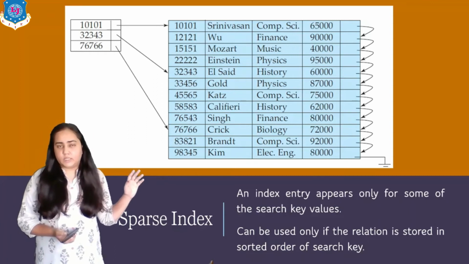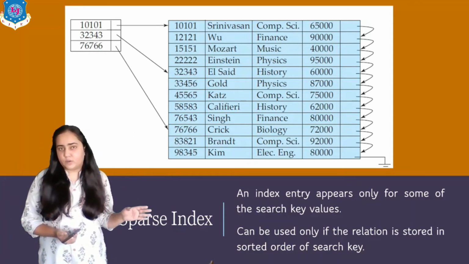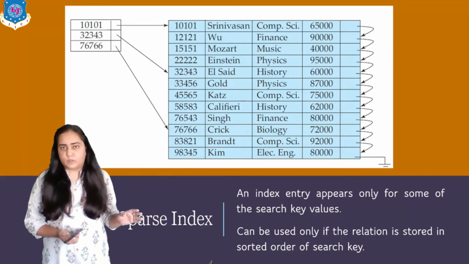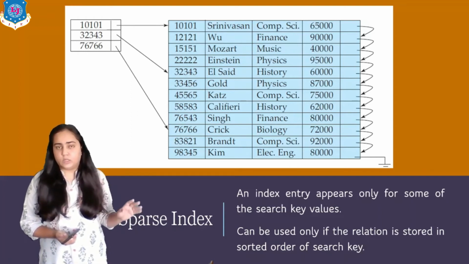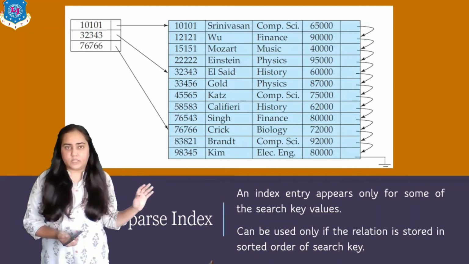And you can see that the relation is stored in sorted order of ID. The names are not sorted, the departments are not sorted, the salaries are not sorted, but IDs are sorted in themselves. And that's why I can create a sparse index on IDs.